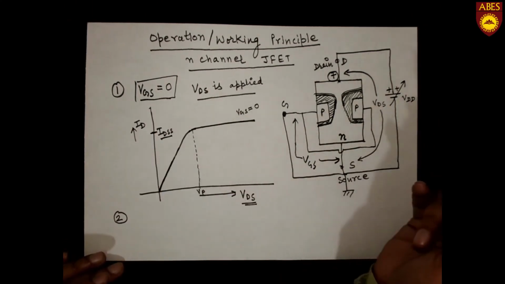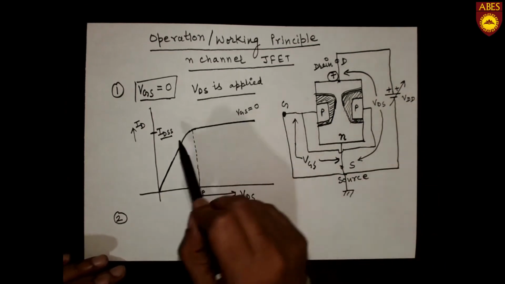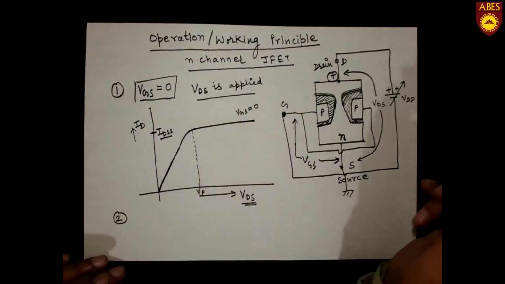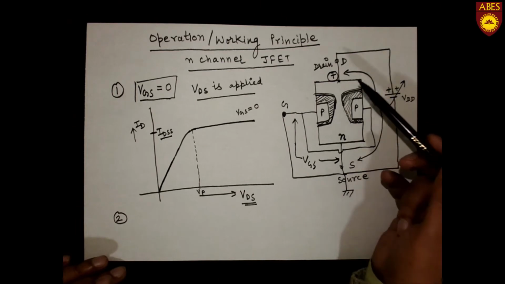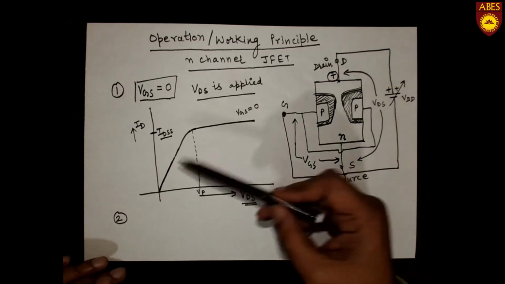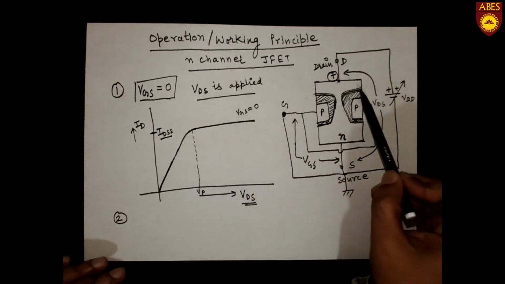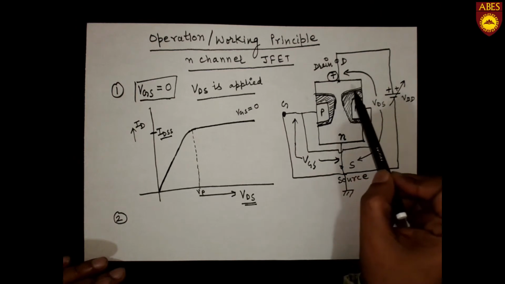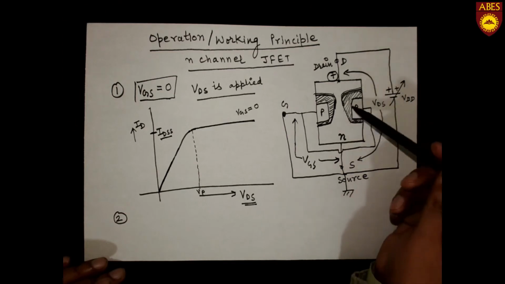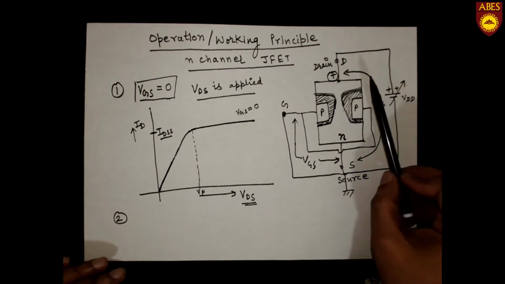Before going to condition 2, let us try to understand why this current becomes constant. As we have seen, on increasing voltage, current is increasing, but simultaneously the potential barrier is also increasing, so the channel is getting narrower.